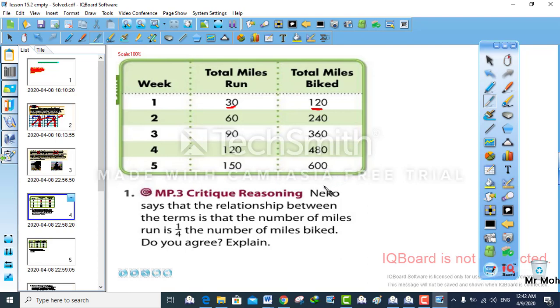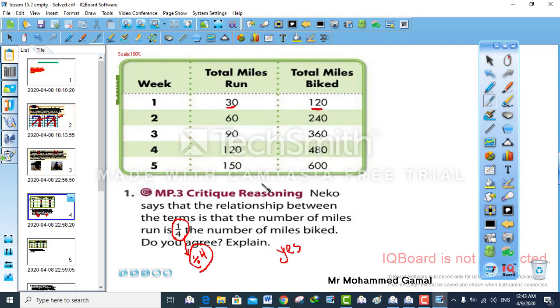The question here is, Nico says that the relationship between the number of miles for running and biking is 1/4. He's asking us, do you agree? Of course, yes. Why? Ask yourself, what does quarter mean? Quarter means to divide by 4.